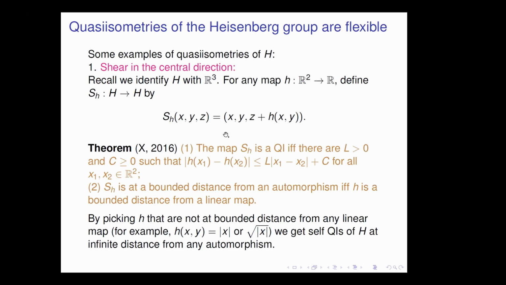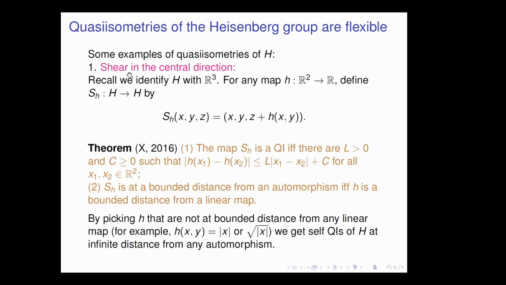So we're interested in quasi-isometries of the Heisenberg group. Let's first recall that the quasi-isometries of the Heisenberg group are quite flexible. So here I just recall some examples of quasi-isometries of the Heisenberg group.